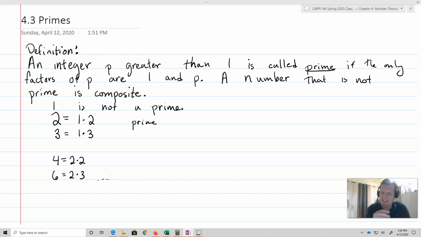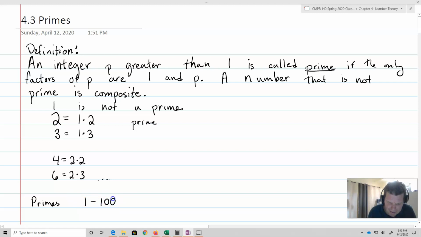Let's talk about some of the most common prime numbers. So the primes from 1 to 100. You should basically know what these are. This is just a good thing to know.